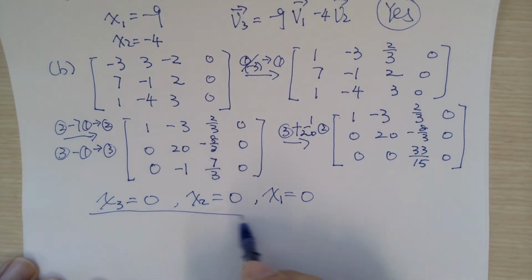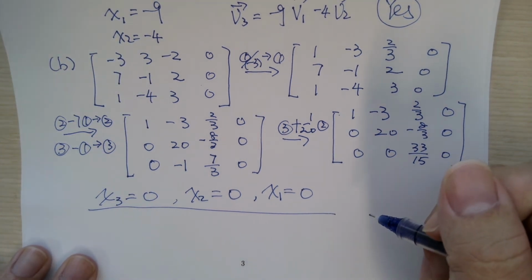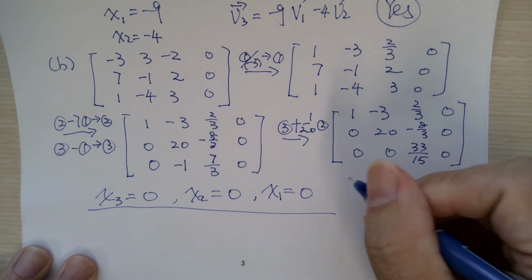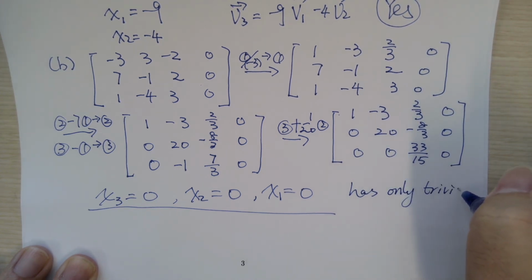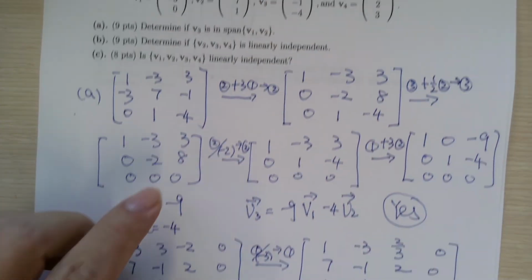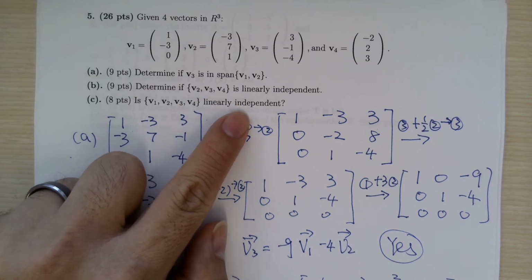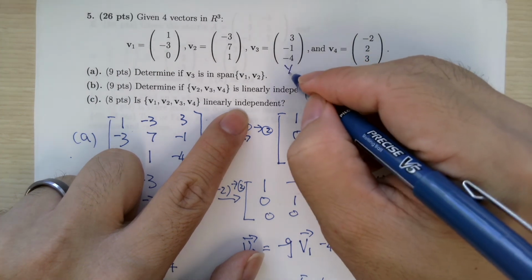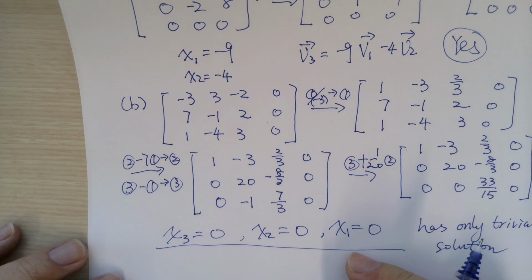Okay, so yes, this solution has only the trivial solution. And hence V2, V3, V4 are linearly independent. The answer is yes. Okay, that's part B.